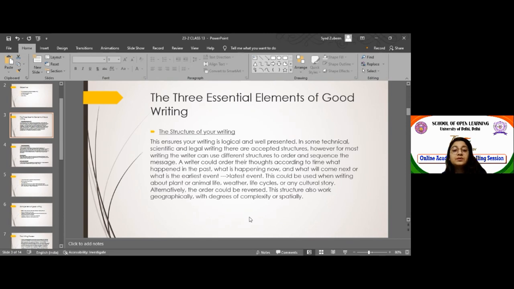And this could be used when writing about plant or animal life as well, weather, life cycles, or any cultural story. Alternatively, the order could be reversed, right? And this structure also works geographically with degrees of complexity or spatially, right? So we can write any which way we like to write, or we follow certain patterns, certain formats to write, right?